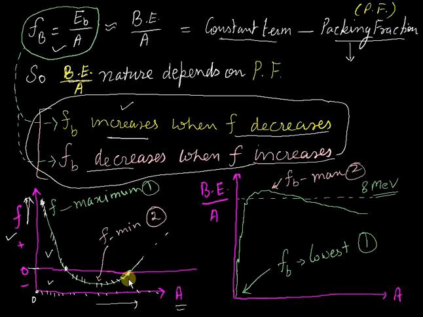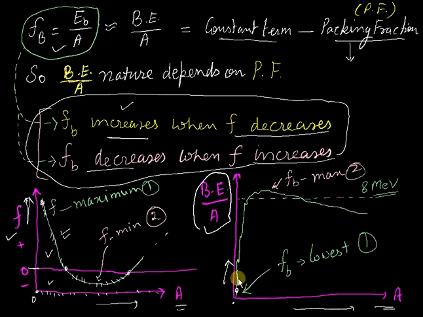In general, we know that a negative packing fraction shows the stability of the nuclei, and a positive packing fraction shows the instability of the nucleus. So now let us look at the binding energy per nucleon curve. This is the y-axis, on which we have considered the binding energy per nucleon. On the x-axis we have considered the mass number.